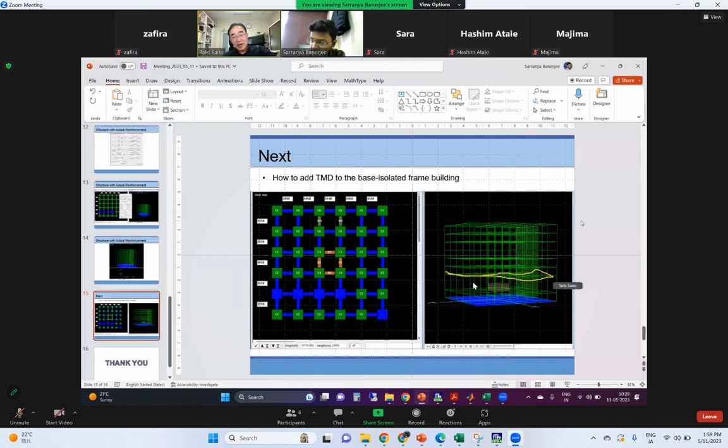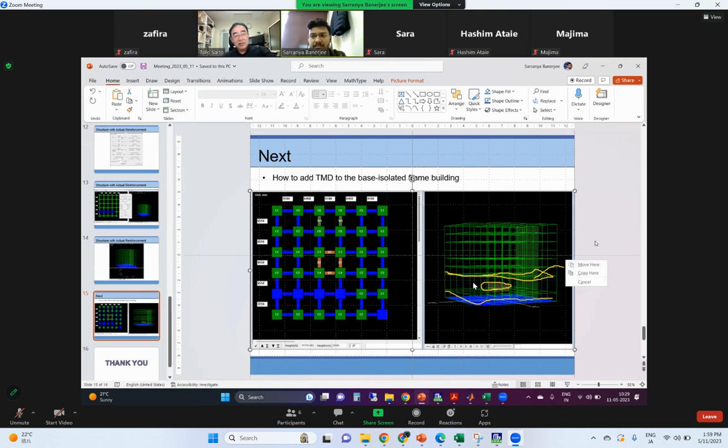If you have a slab, you can assume rigid. But on top of the layer in the middle, there's no slab, right? So in this case, you must select the flexible floor.